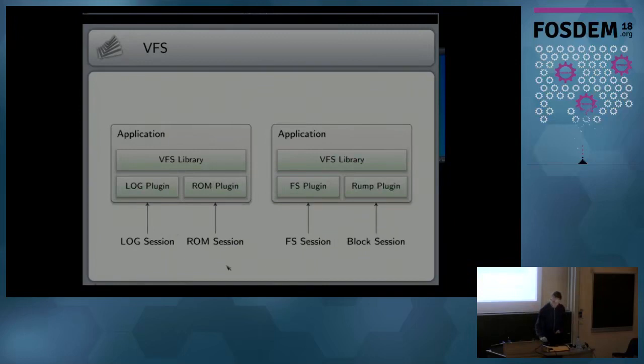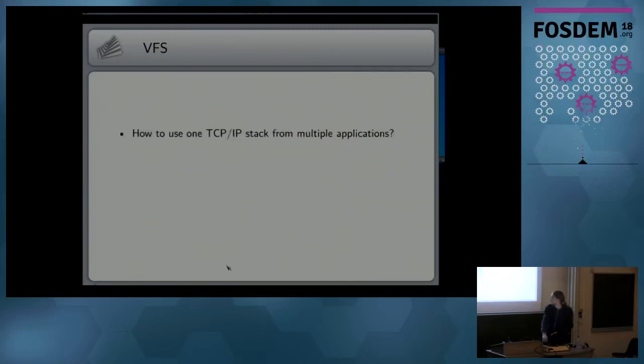It's obvious. There was a new question at this point. Some years ago, we wanted to use the stacks that we had with the libc plugins. We wanted to use such stacks with multiple applications at one time.